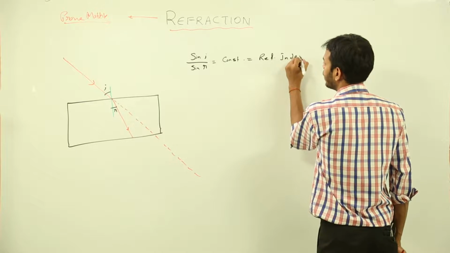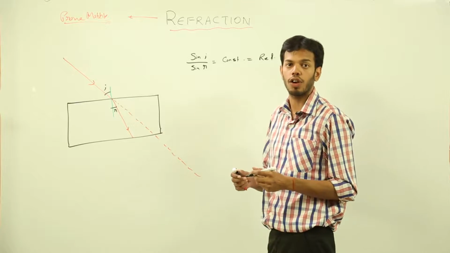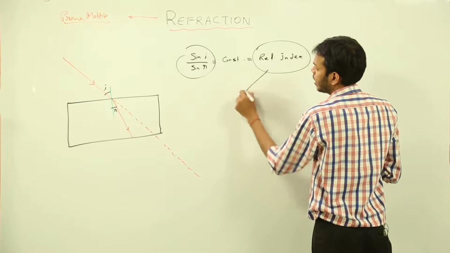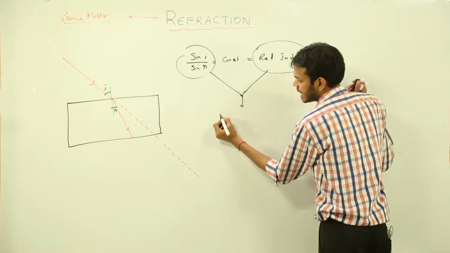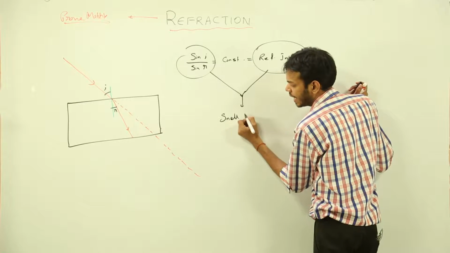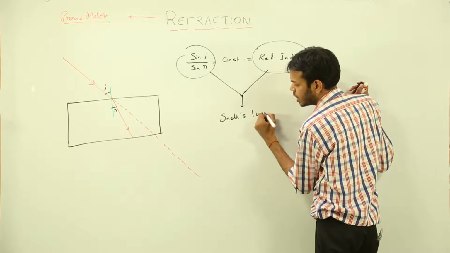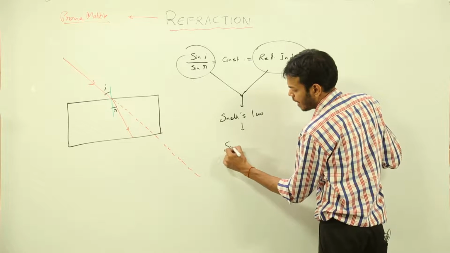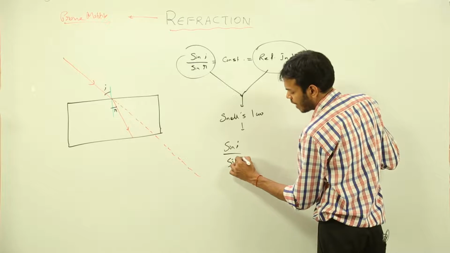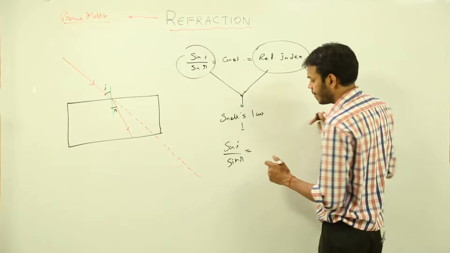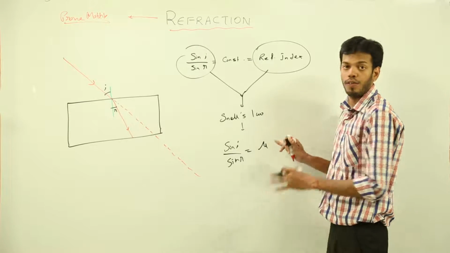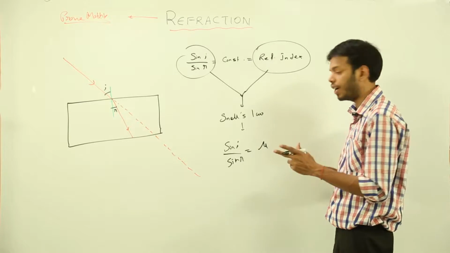This part and this part was given by Snell, the scientist. Snell's law states that sine of angle of incidence over sine of angle of refraction for a medium is called its refractive index, but this law will be explained to you in a very different way.